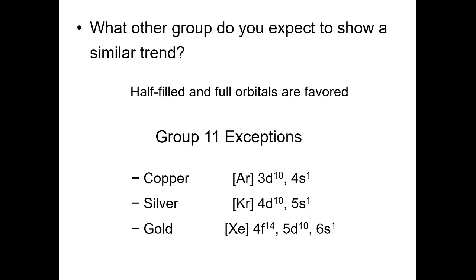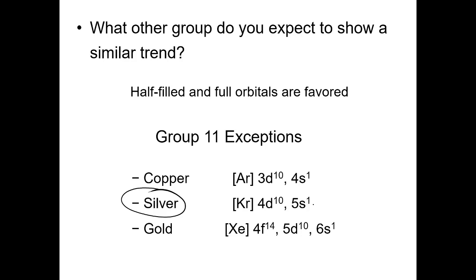Okay, so the other group where we have an exception is when we go to copper, silver, and gold. You may recall that silver is one of the exceptions when it comes to naming. We don't have to give a Roman numeral. Silver is always plus 1, and that is reflected here in this exception. We also know that copper is 1 and 2. Those are the common oxidation states, whereas most of the other transition metals have a +2 oxidation state, not a +1.